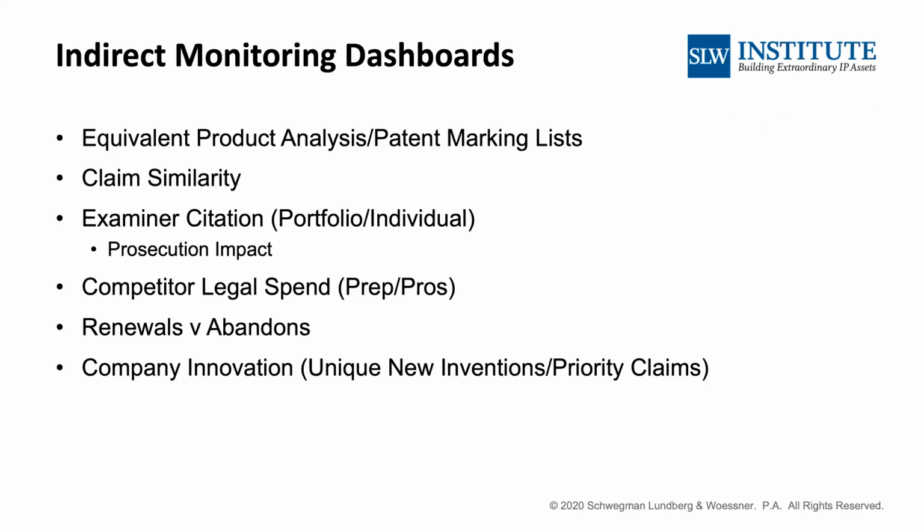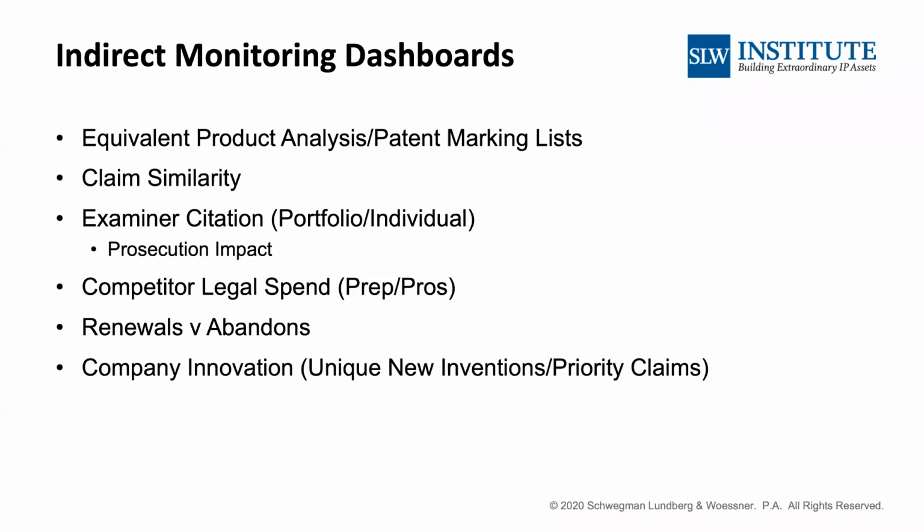So one of the things we like to do is come up with which claims cover these equivalent products. These patents also should maybe be put on your patent marking lists, where you can start to put people on notice.